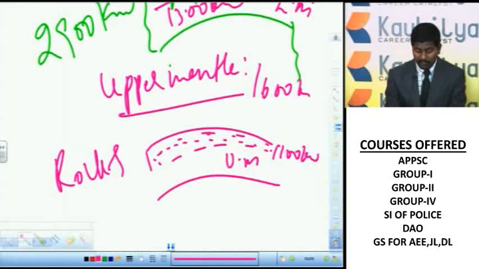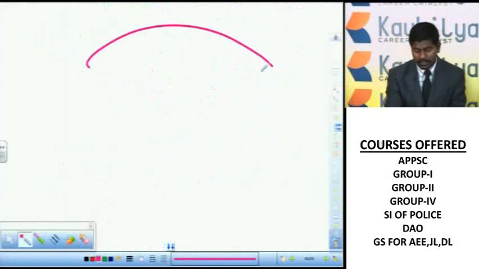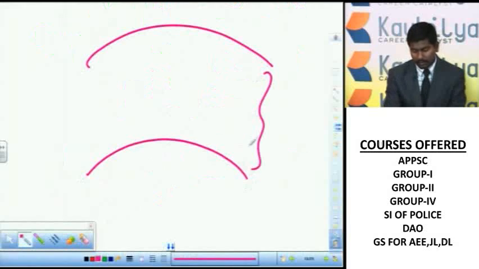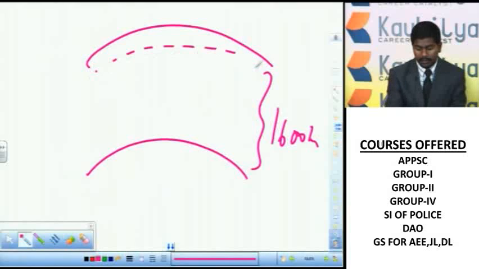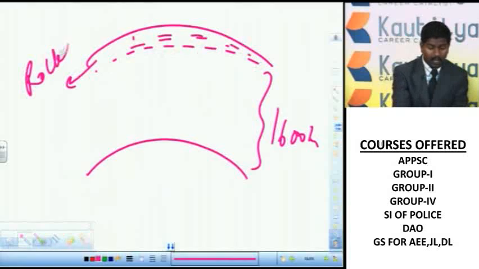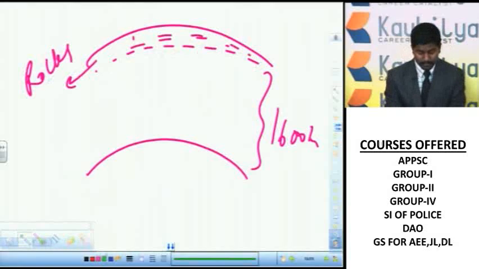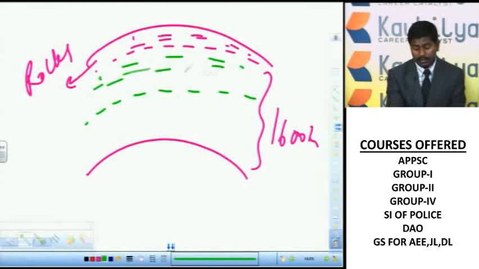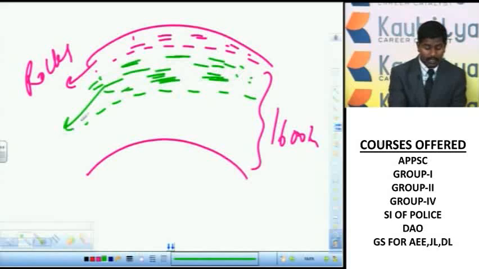After this rocky portion in the upper mantle, which is 1600 kilometers in total, the top 100 kilometers is made up of rocks, and below this rock layer, for a length of 200 kilometers, there is another layer, which is the asthenosphere.